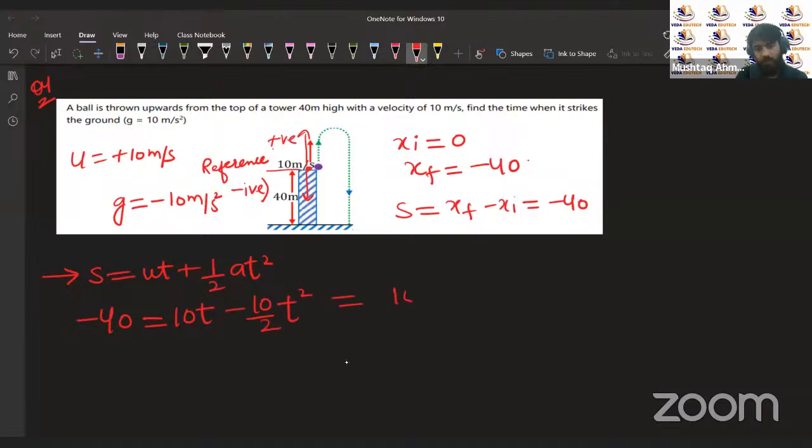That's 10t minus 5t square, equal to minus 40. We can rewrite it as minus 5t square plus 10t equal to minus 40.